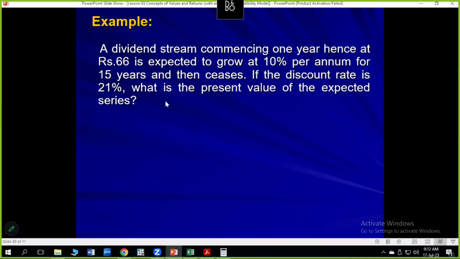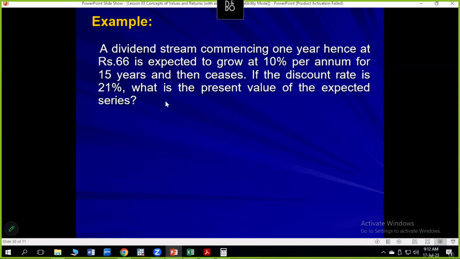A value is 66. g is 0.1. n is 15. i is 0.21, 21%. So all these variables are known.